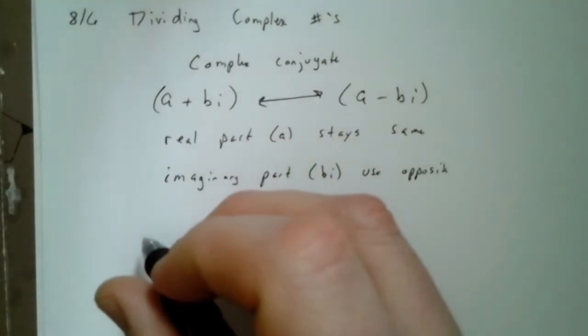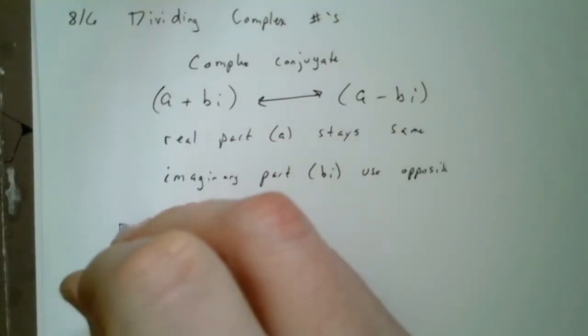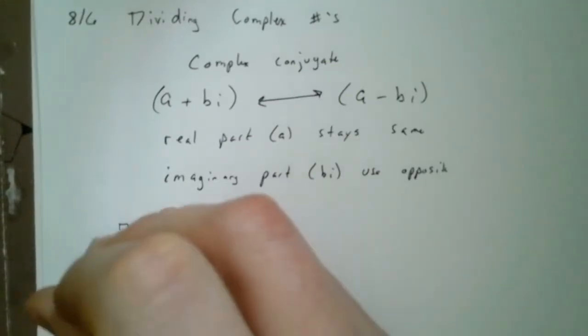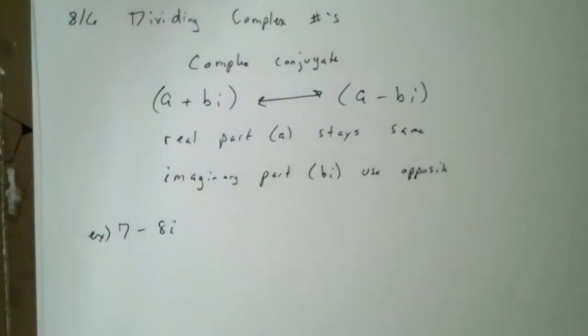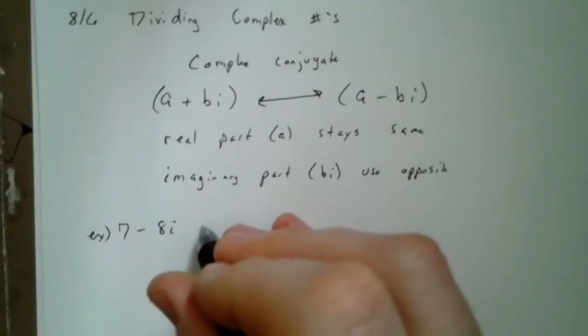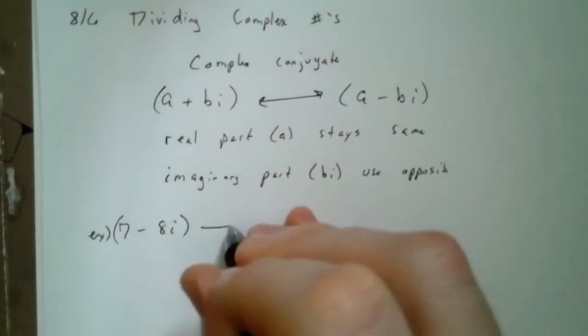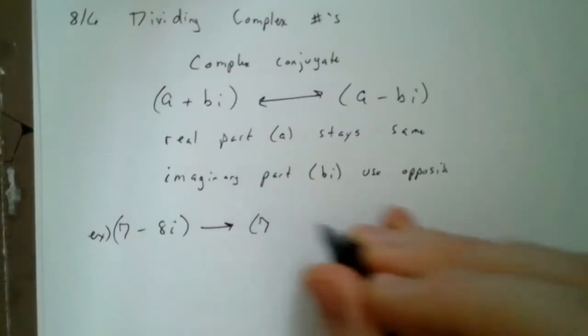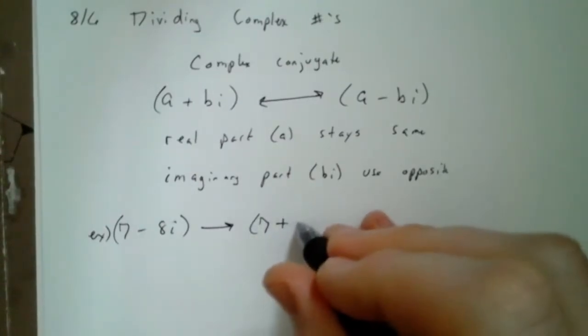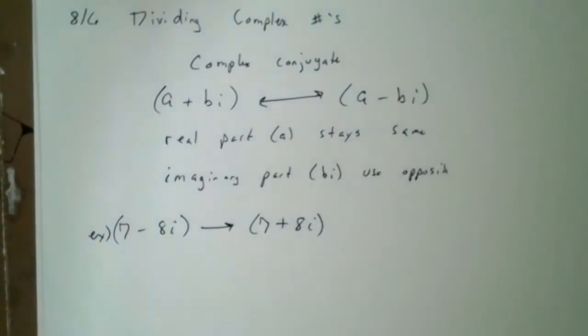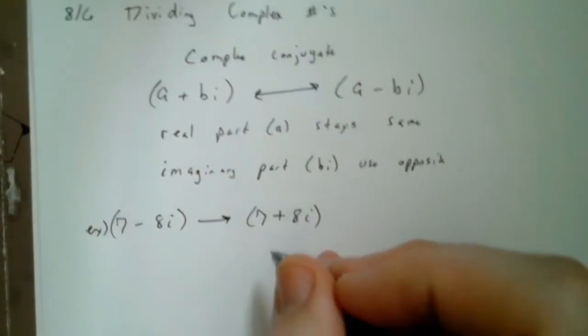Let's say we've got 7 minus 8i. What is the complex conjugate going to be? 7 stays the same, and the opposite of minus 8i is plus 8i. So that is the complex conjugate.